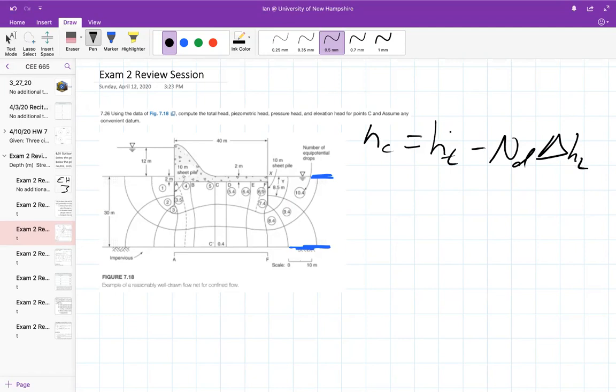So this is the total head for the whole reservoir. And this is the number of equipotential drops for the whole reservoir to point C, which is where we're going to try and find it first.